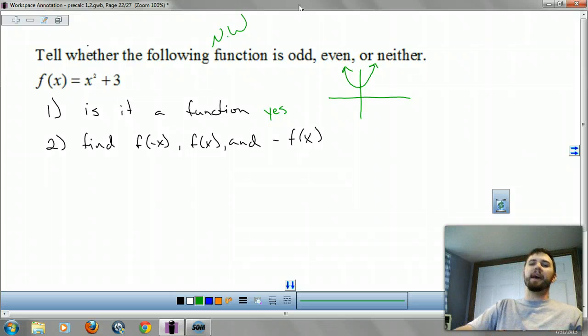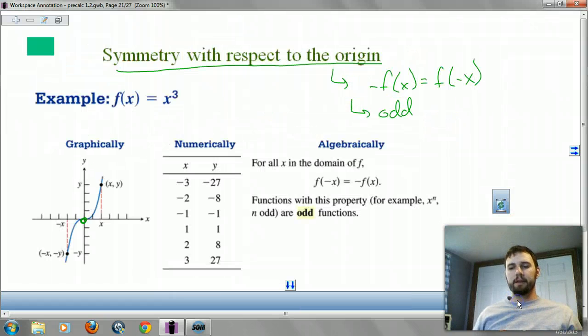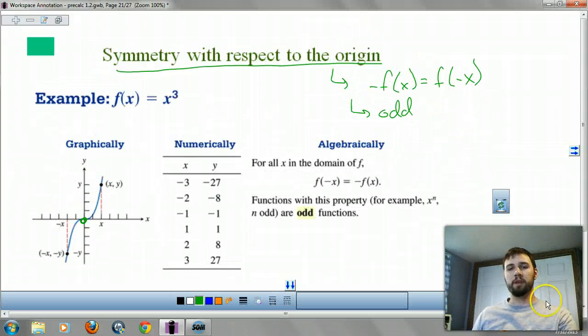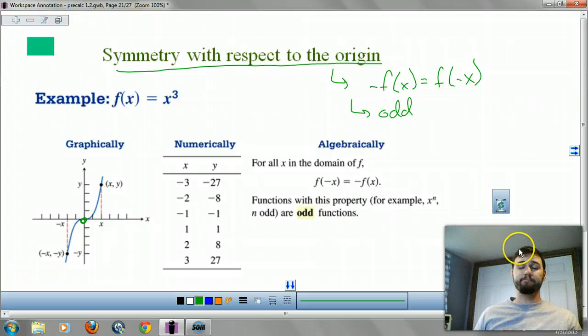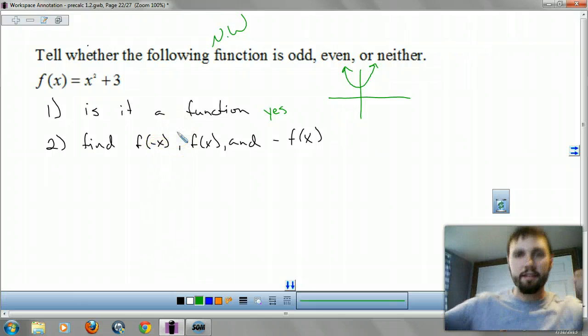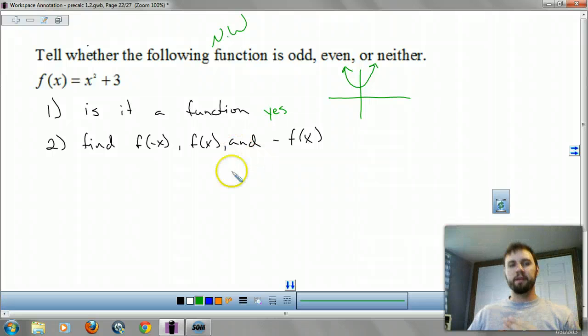Now we have to say, is it odd, even, or neither? Okay? Now remember before, if it's even, f of negative x equals f of x. If it's odd, negative f of x equals f of negative x. So basically what we need to find is f of negative x, f of x, and negative f of x, and see if there's a relationship.